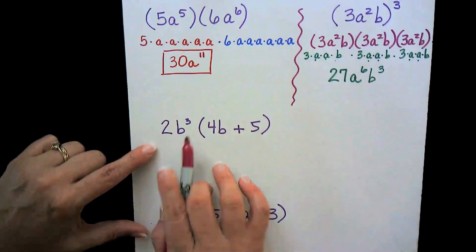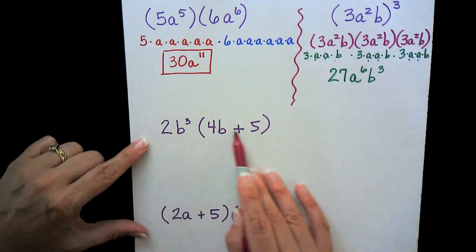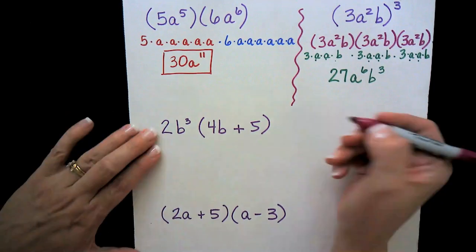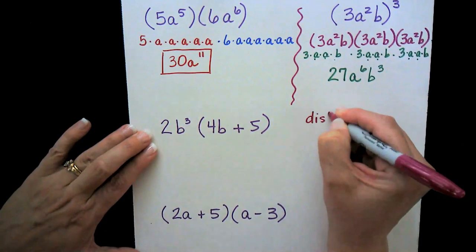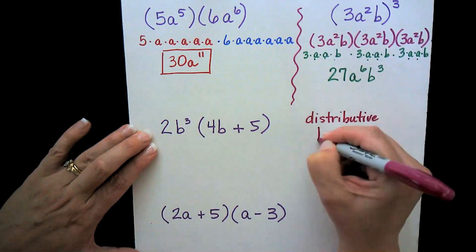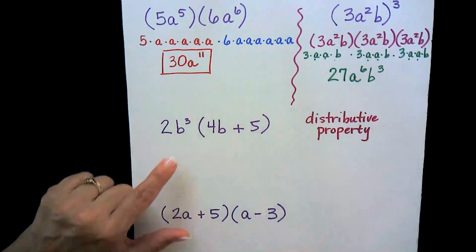The next type has a term on the outside. We call that a monomial. And then it has a parentheses, and the parentheses has a plus or a minus. In this one, we use the distributive property. So we do the distributive property by distributing the term on the outside, the 2b to the third.